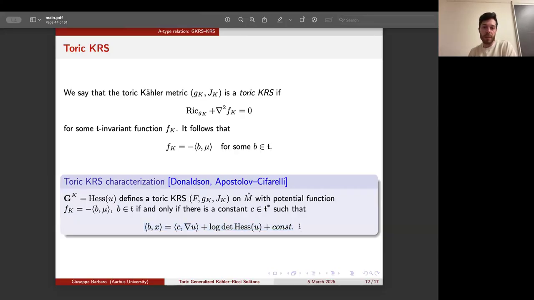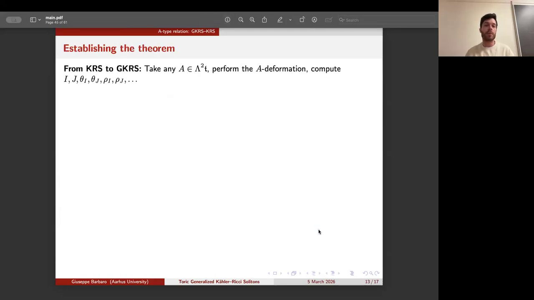Okay, so we have here in this slide a characterization of Kähler Ricci solitons, and we had a characterization of generalized Kähler Ricci solitons. We're going to use the two of them and show that we can go from one to the other with an A-type deformation. So let's start with a Kähler Ricci soliton, and we have to cook up a generalized Kähler one. As the statement is saying, you take any skew-symmetric matrix and perform your deformation, and now you know what I and J are.